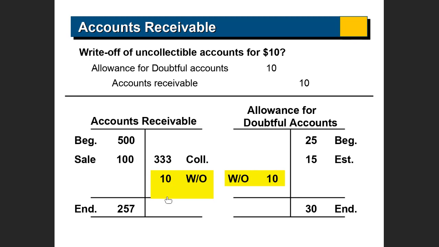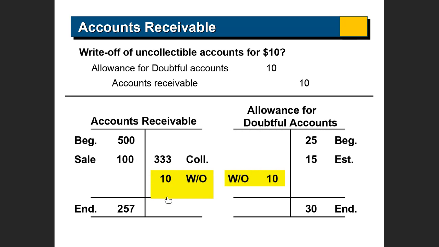So now your accounts receivable is 257, no longer 267, because before you thought, okay, out of 267, I might not collect 40, but now you are sure that this 10 you're not going to collect, so you reduce accounts receivable, you move that from doubtful to accounts receivable.